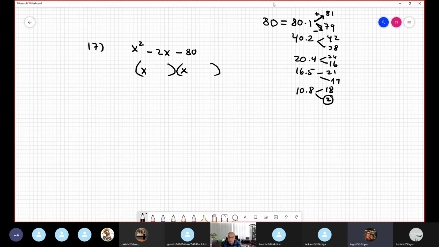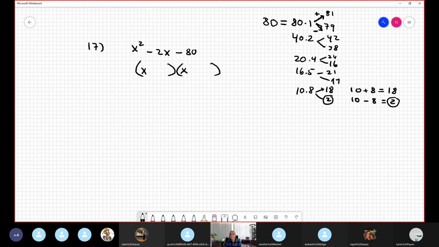I see both combinations. So, for example, 10 times 8 is 80, right? And 10 plus 8 is 18. And 10 minus 8 is 2. And this combination is our combination because the middle number is 2.